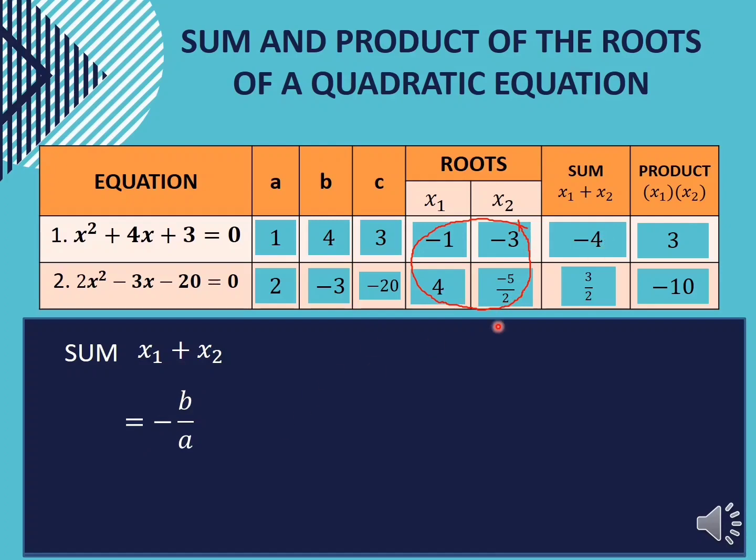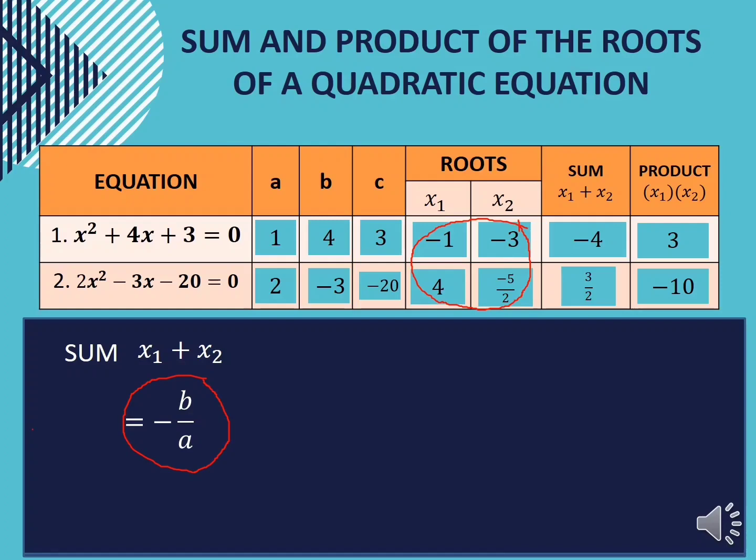And then, tingnan din natin itong second equation. Yung b, negative 3 divided by 2, that is correct, that is negative 3 over 2. I-multiply natin by negative, and that is positive 3 over 2. Kaya po, ang formula in finding the sum is equal to negative b over a. Don't forget the negative, okay?